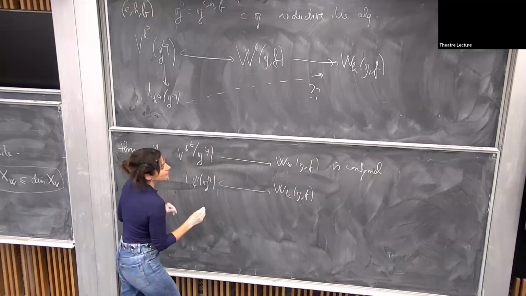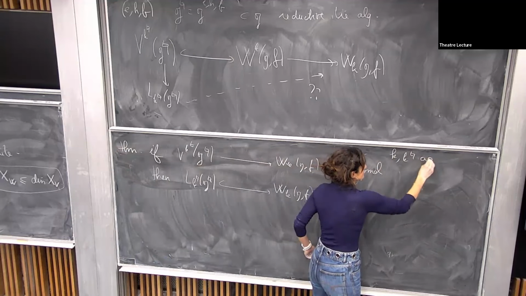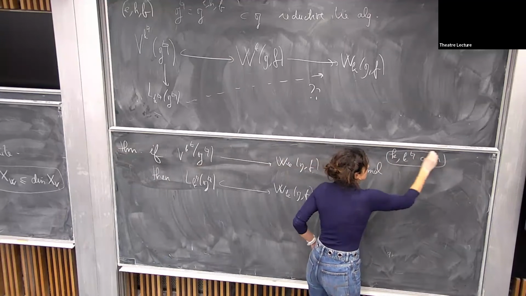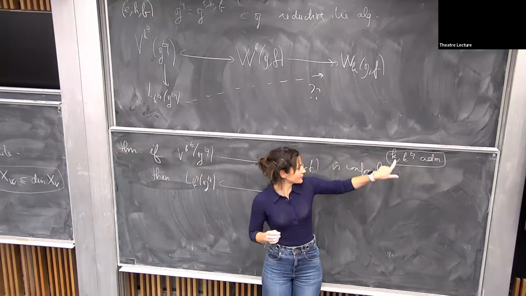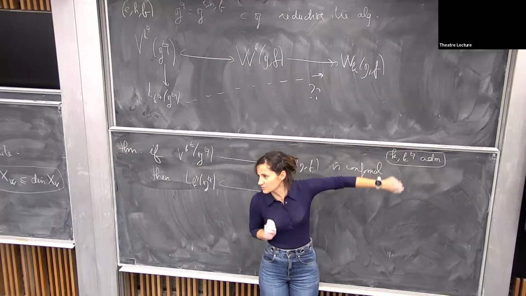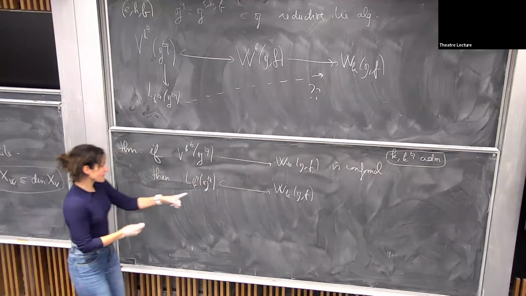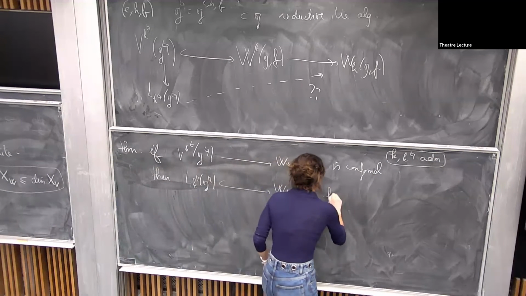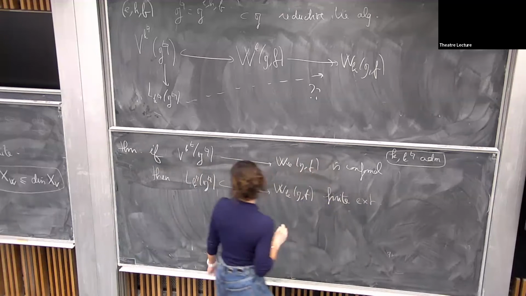But here I assume K and K natural admissible. In fact, K natural is entirely determined by K, so you just need to assume K admissible. In this case, it is automatically a finite extension.